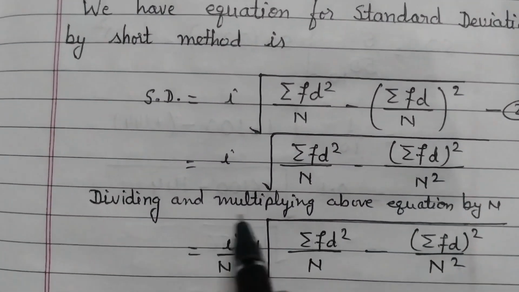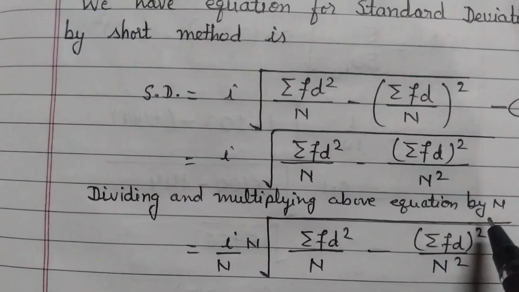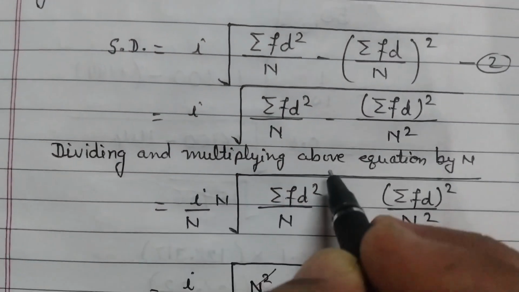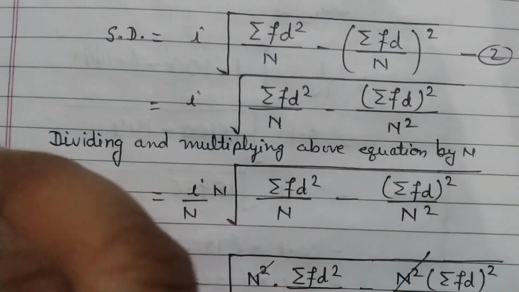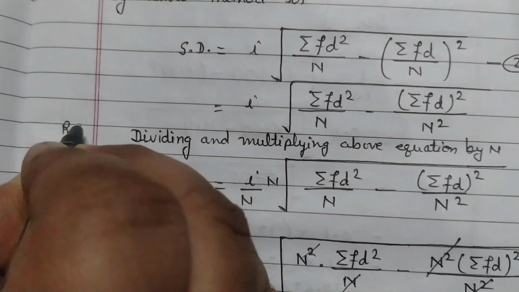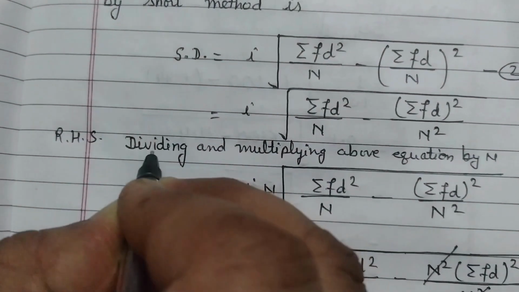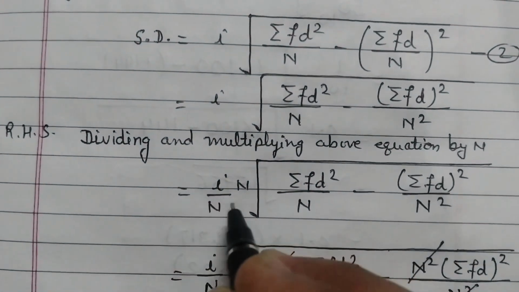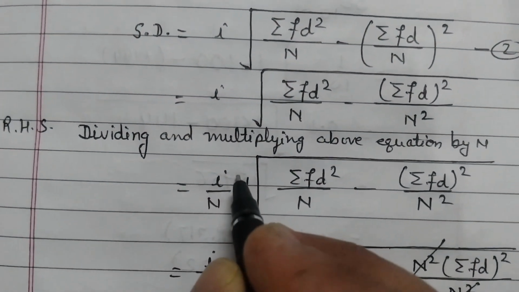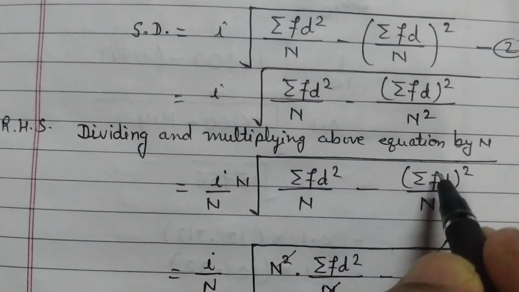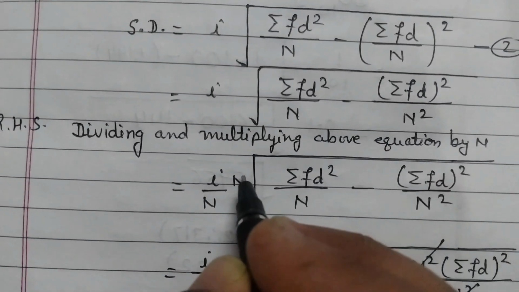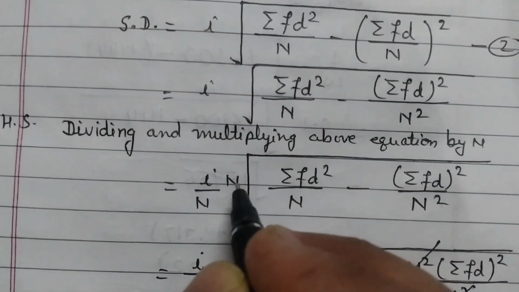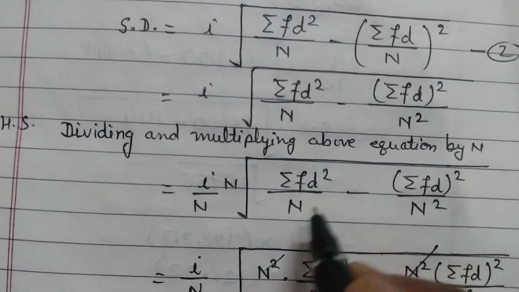Now dividing and multiplying the above equation by n, so I have written here n multiplied by this equation and n divided. From the same quantity I am dividing and multiplying, which means no change is to be observed.